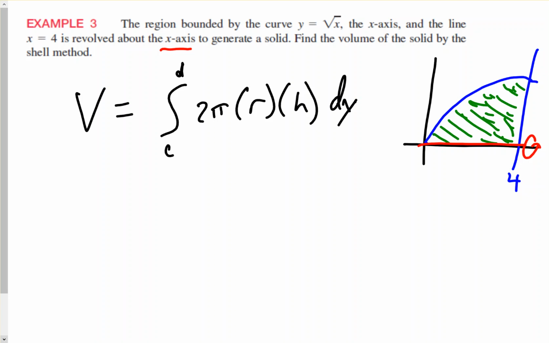That means when x is 4, y is going to be square root of 4, which is 2. So this is 2. So we'll integrate from 0 to 2. Then we'll have 2 pi. We're right up against our axis, so we have y.